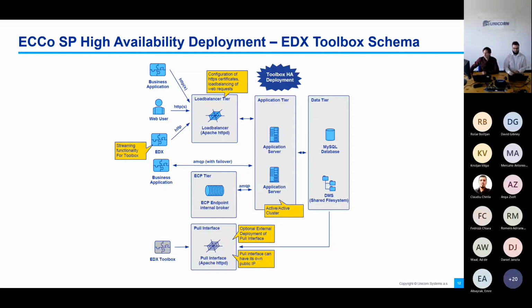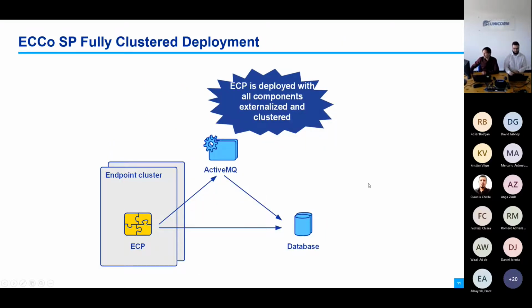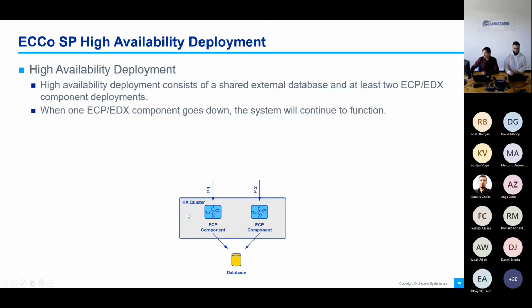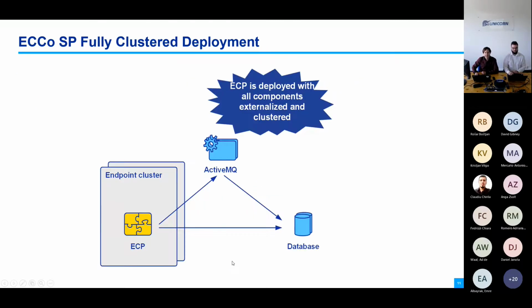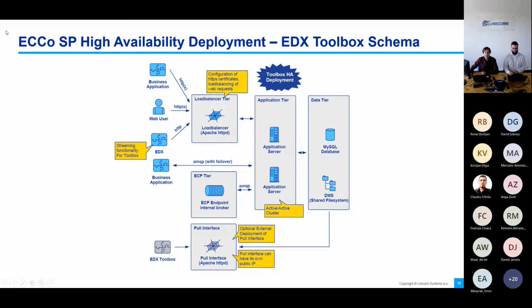So it will be something like this: 2 servers for the ECCo and 1 server for the external database. And for the shared file system, you can simply install the NFS on one of the application servers, and the second server will just mount this shared file system storage.